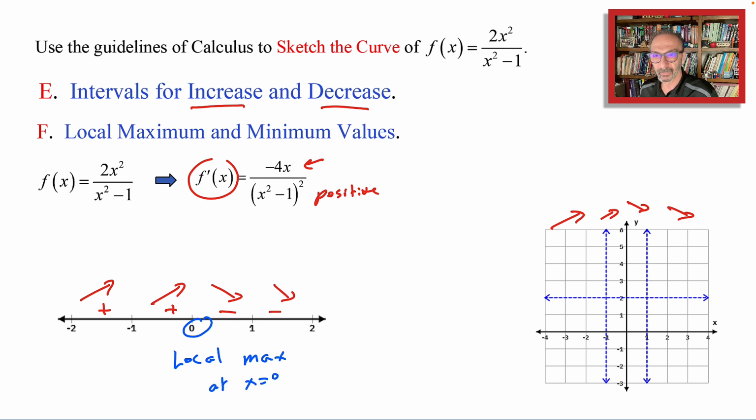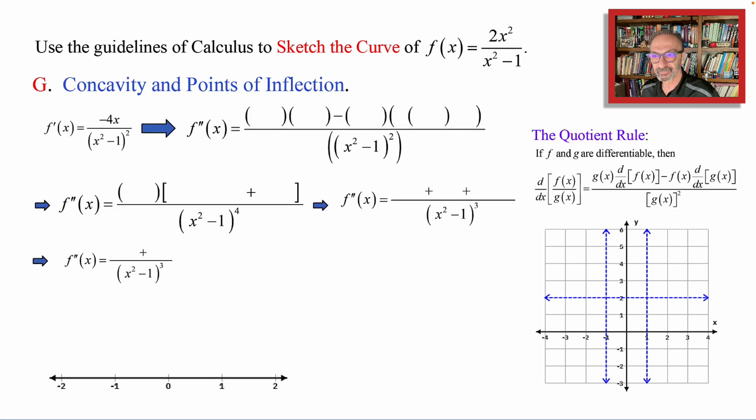And we know from previous slides that the intercepts gave me 0, 0. So we have a local max at the point 0, 0. So this point right here is a local max, and the graph is going to go like this right here. That should do it for part E and part F.